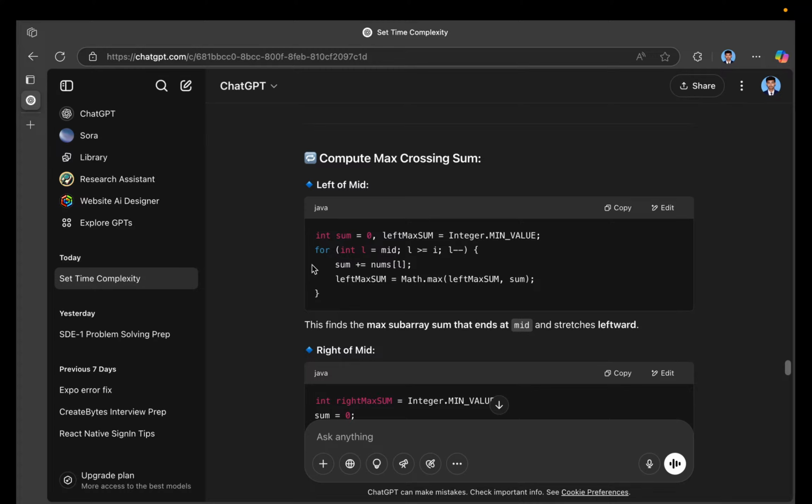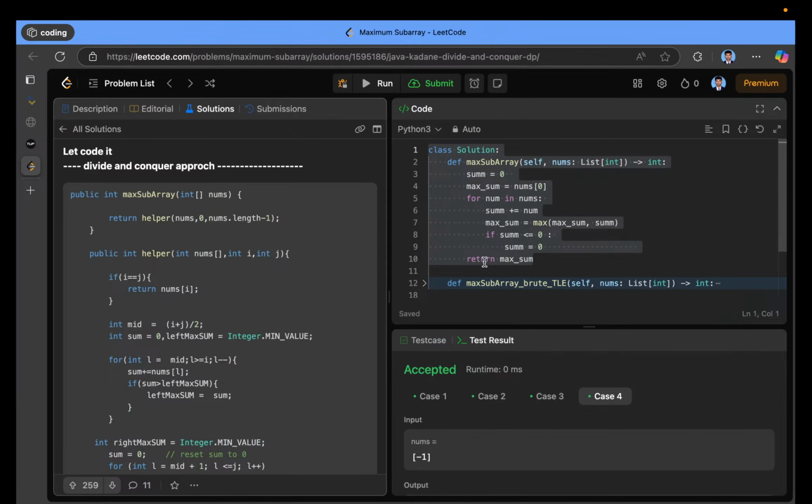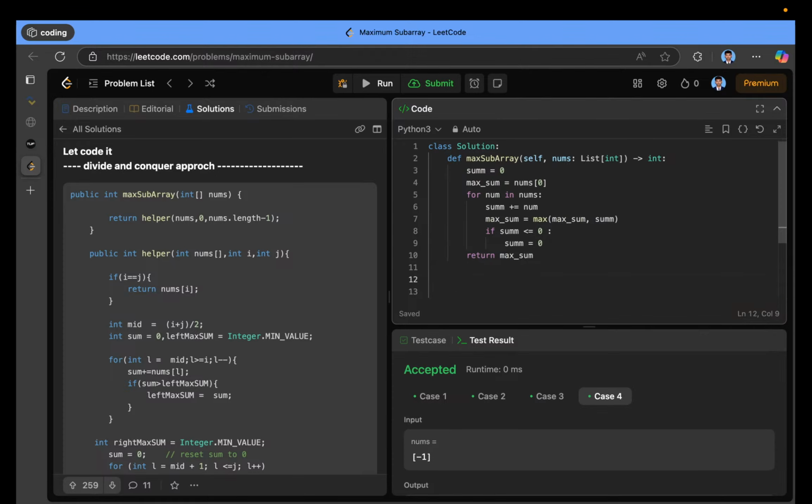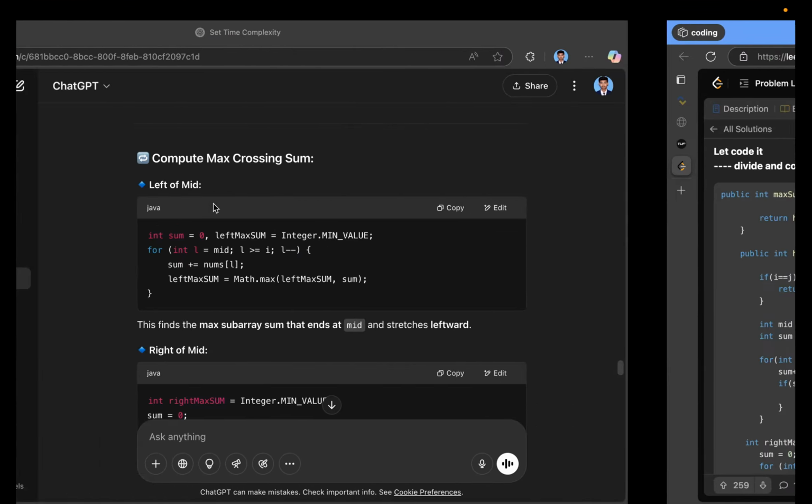I have to use pen and paper, I think. But I don't want to use pen and paper. So let's do this. Let's use this place as a playground. Kadane, I think this is the right spelling.